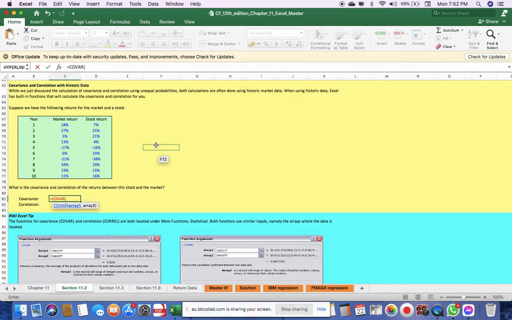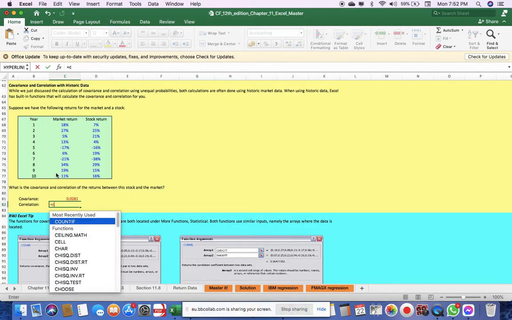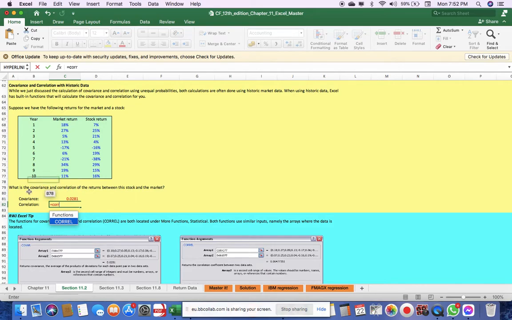Here the covariance of the stock and the market will give you the covariance. Similarly, you can calculate the correlation also from the inbuilt function of the spreadsheet. You can use this.